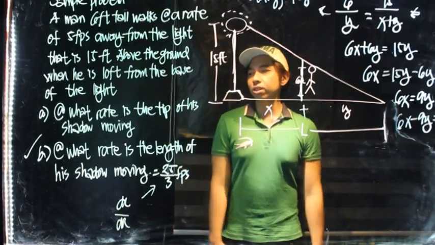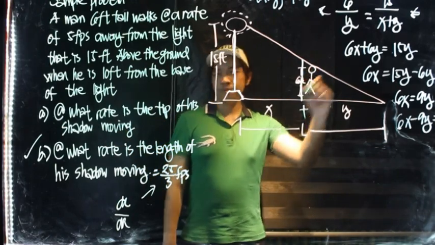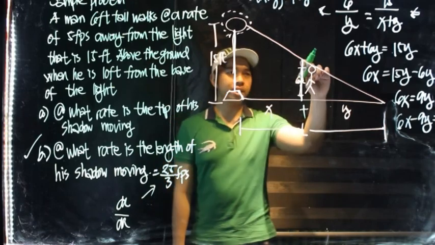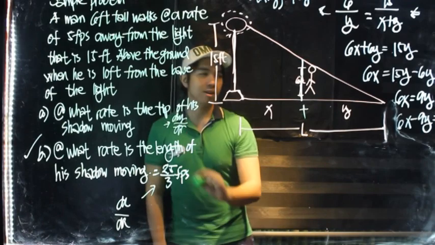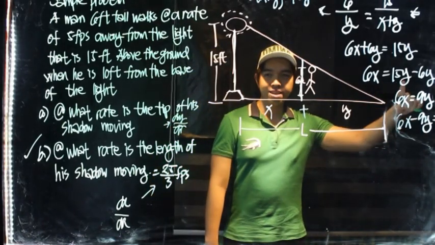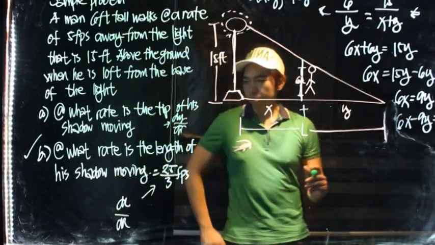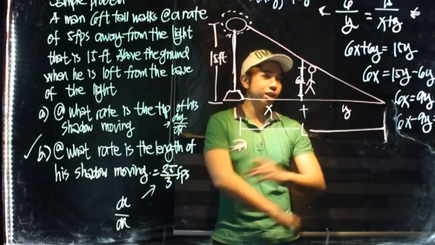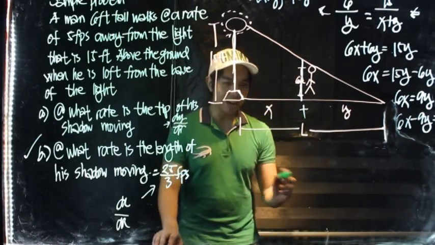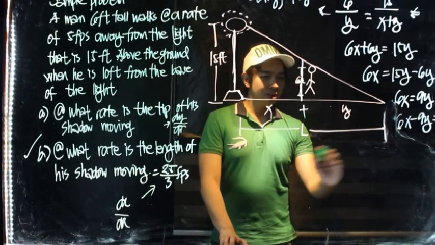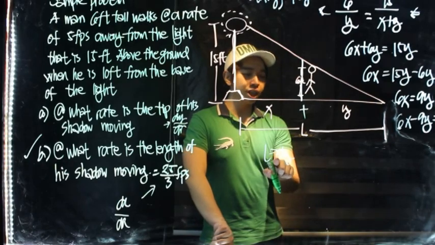Now let's solve for the rate at which the tip of the shadow is moving. The tip of the shadow would be the tip of the man, so that would be our dy over dr. Manipulating this equation again, since L is equal to x plus y, this time we need to change x to y.